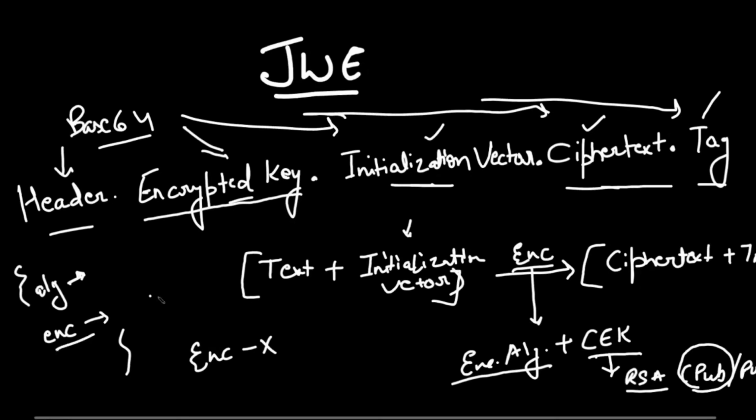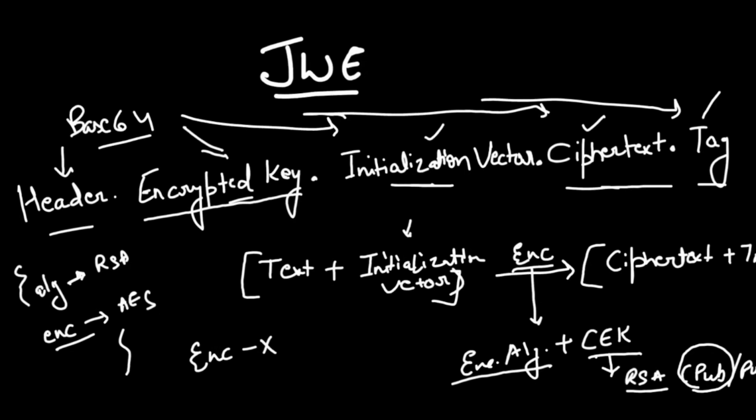Let's say we are using AES, then we can specify this information here. And the algorithm that we will be using to encrypt the content encryption key itself will be specified in ALG. Let's say in our case we are using RSA. So this particular information will reside in the header. So now this whole thing completes the JWE information.